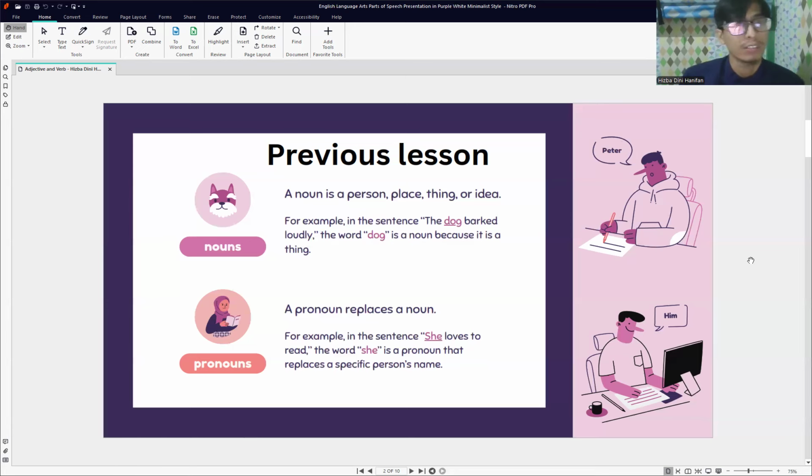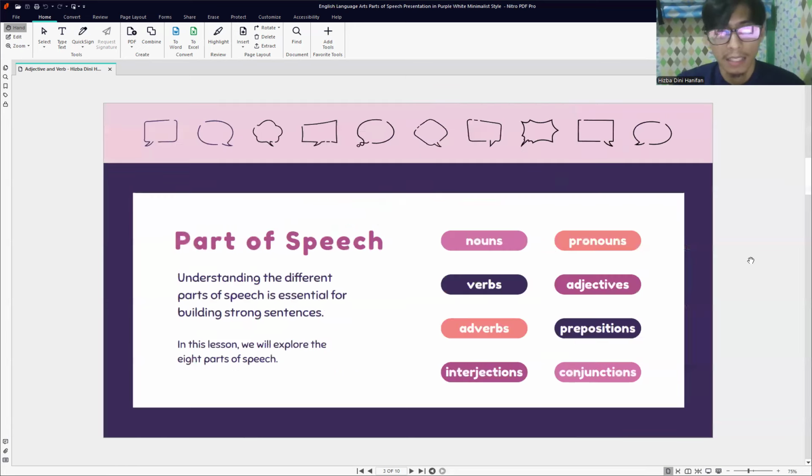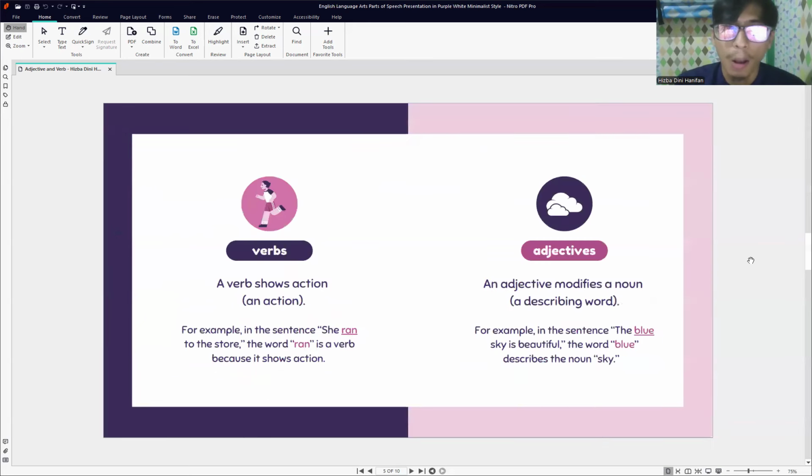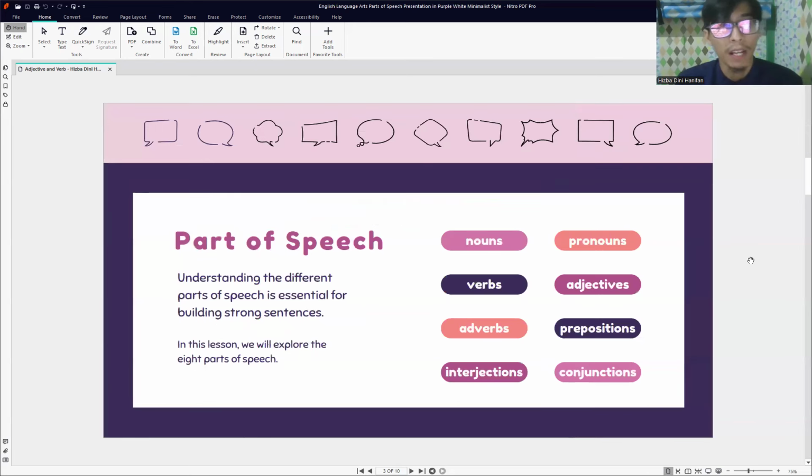And then let's jump to the next lesson, which is about verbs and adjectives. And for the very next meeting, we're going to talk about adverbs and prepositions. Have any of you ever heard the words verb and adjective? Anyone?